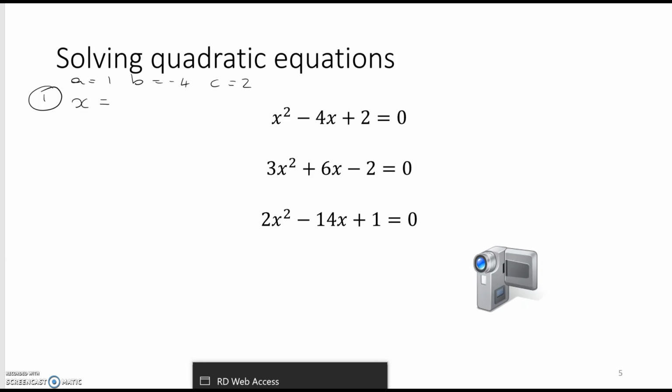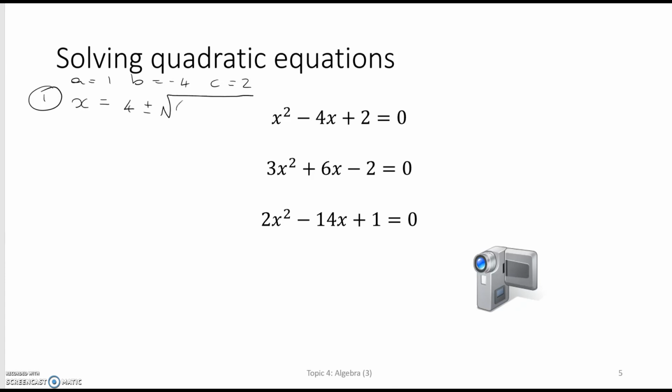X equals negative B, so it's negative, negative, so it's positive 4, plus or minus the square root of negative 4 squared minus 4 times 1 times 2, all over 2 times 1. And just to pause there while I use my calculator, and we get some not very nice numbers which we can approximate, so that x is approximately equal to 3.414 or 0.5858. So those are just approximate answers.